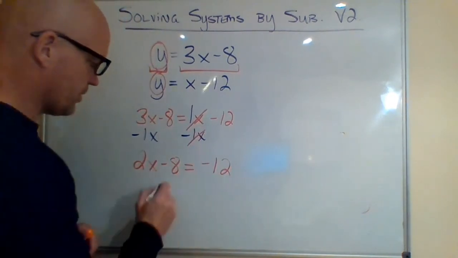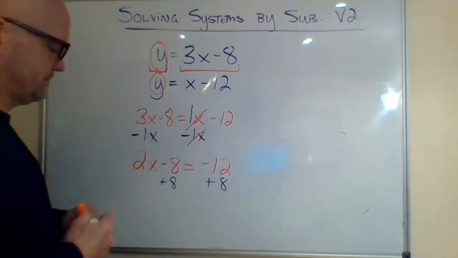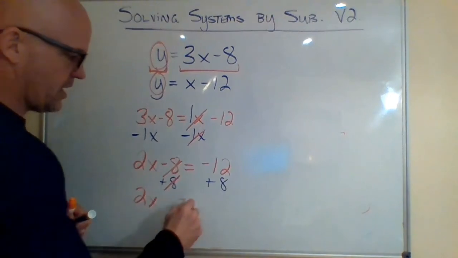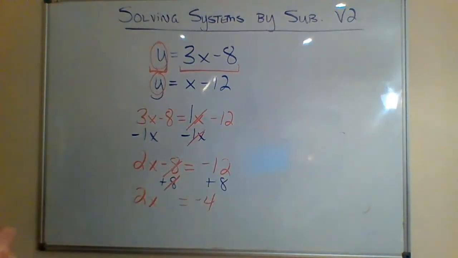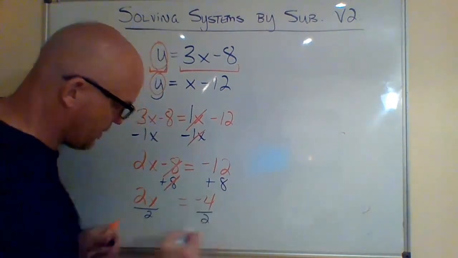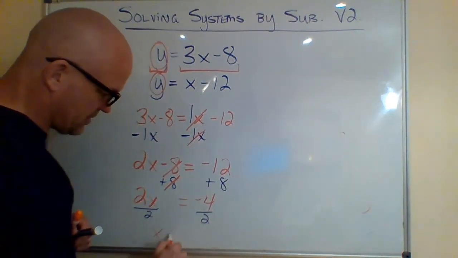Two-stepper you can turn and burn on. Let's add 8. Add 8. 2x is going to equal negative 4. Last step's to divide by 2. And we wind up with x equals negative 2.